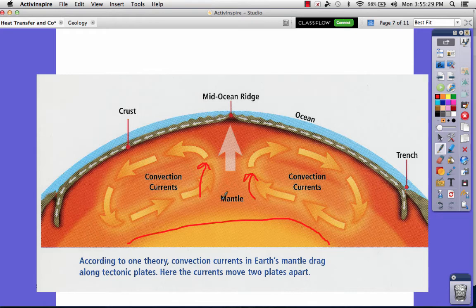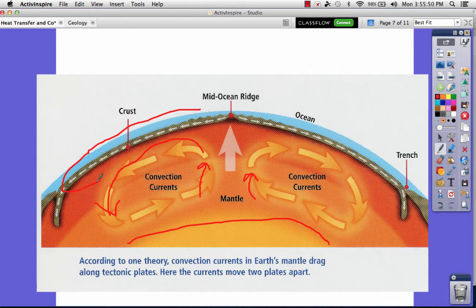Just like in our demonstration, we could see the water was being forced up where the heat was, and as it was pushed out to the side, when it cooled off, it sunk back down. As it sunk back down, it was forced back towards the middle, and then it would warm back up and go back up. But here's the interesting piece.